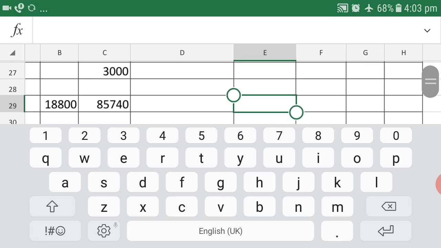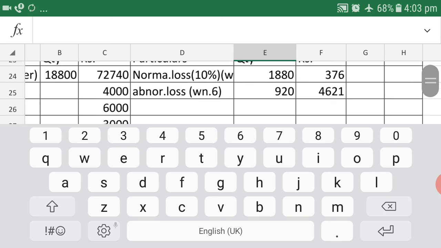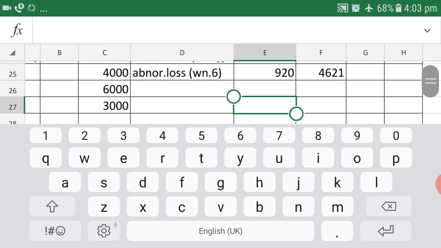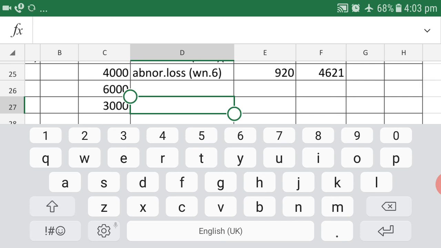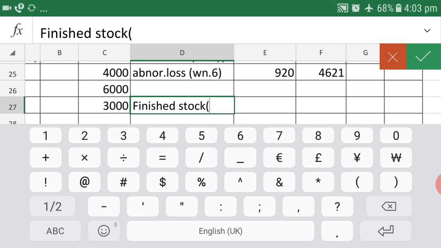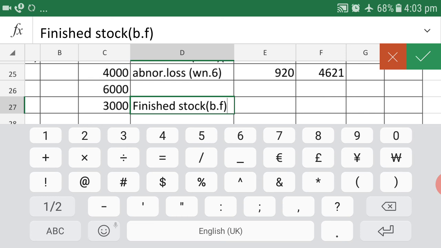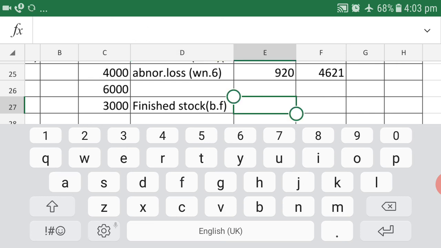Total debit side is having 18,800 in quantity. On the credit side we have to deduct the same. The balance figure will be finished stock, so the figure will be 16,000.